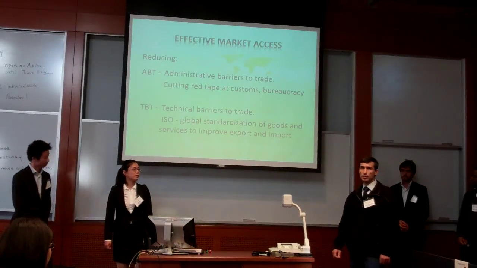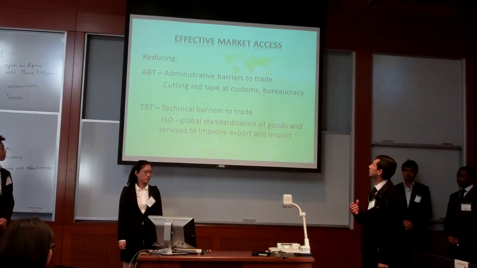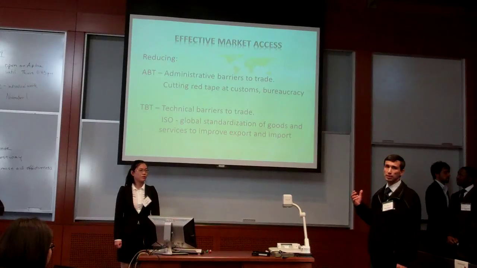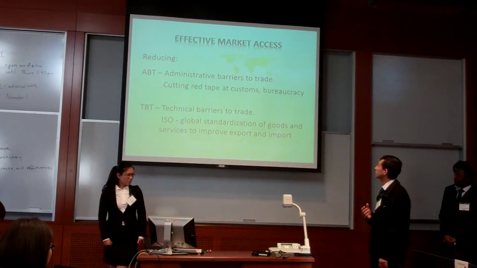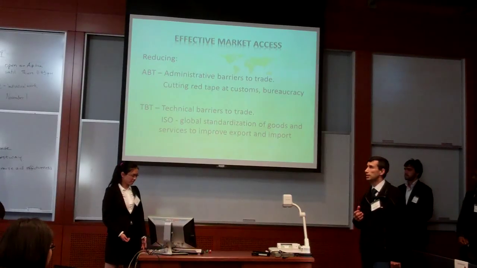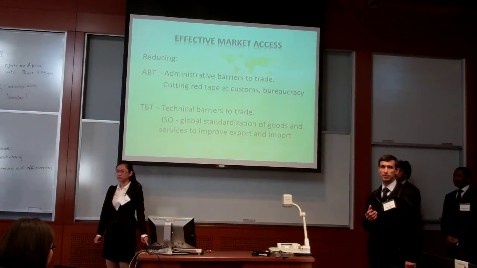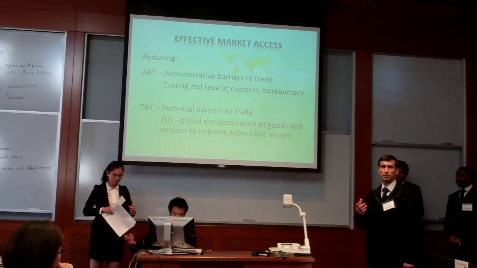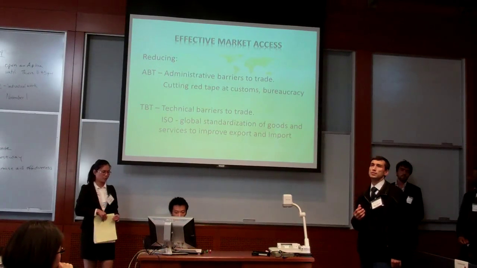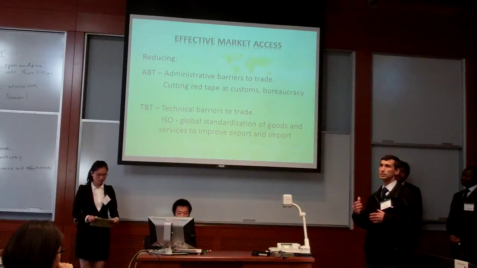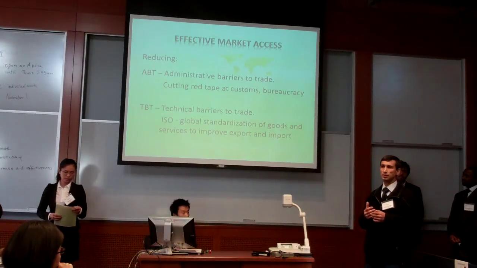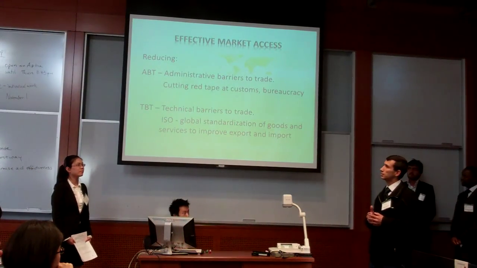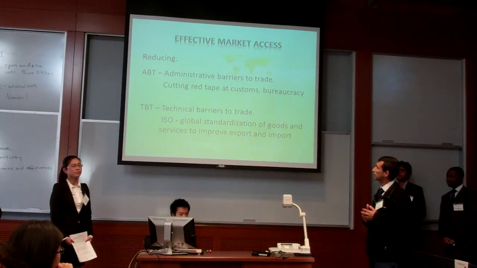Thank you, John. I'm going to talk about effective market access using aid for trade policy, and this includes reducing administrative barriers to trade, which includes cutting red tape on customs. It means that instead of using high rates of tariffs to make profit, it is better to reduce the tariff and improve your export and import relations with partner countries, and effectively participate in the international trade system and receive profit from the international market.